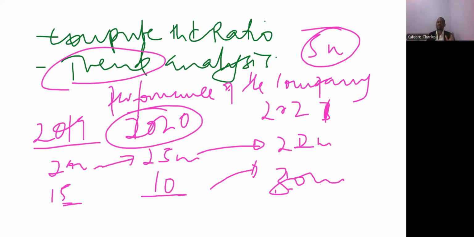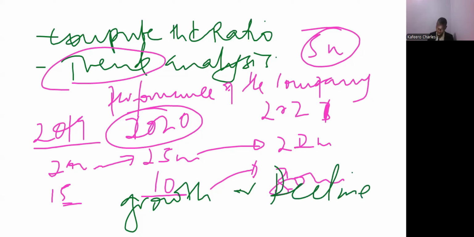That's what we are trying to look at: what is the general picture of the performance of the business? Has it increased or reduced? We look at either a growth or a decline, and based on that you make a conclusion.